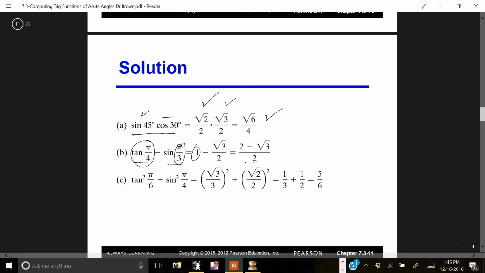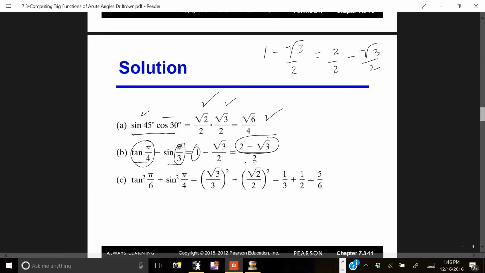And simplifying this, 1 minus the square root of 3 over 2 equals 2 halves minus the square root of 3 over 2. Combining the numerators, we get 2 minus the square root of 3 over 2.